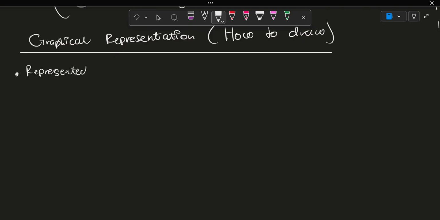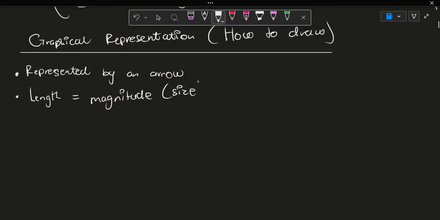It's represented by an arrow and its length, which is equal to the size of the vector. So I refer to magnitude, and your teacher could say size, but I really do believe she'll just use magnitude.